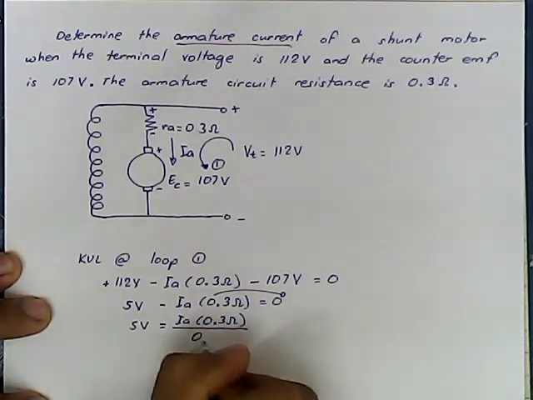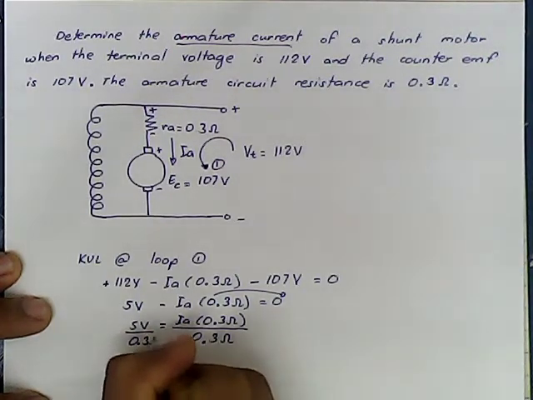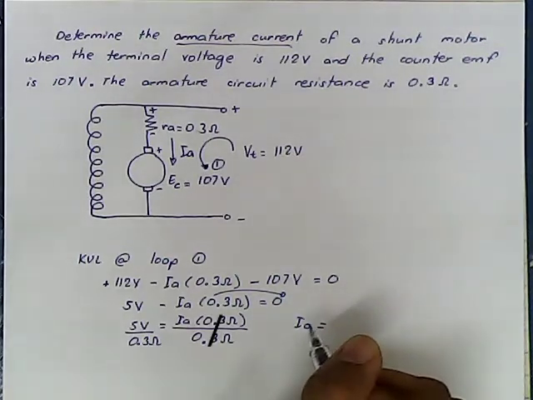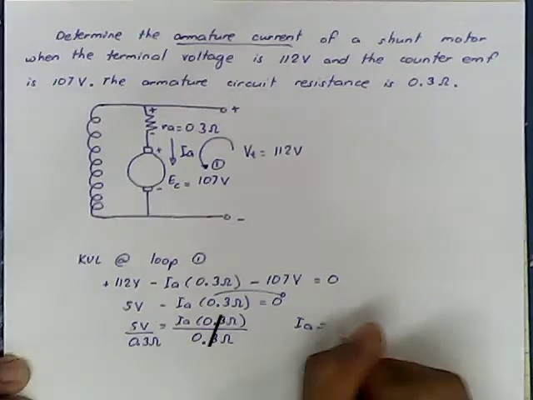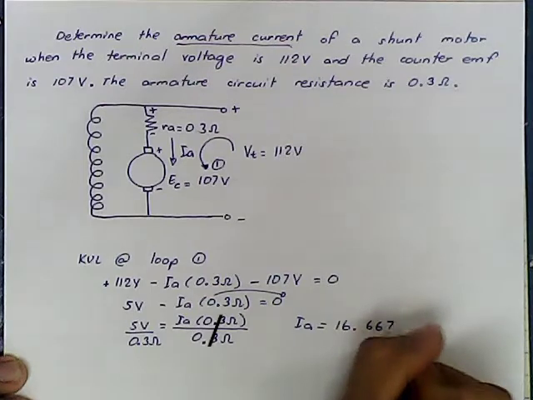Divide both sides by 0.3 ohm. Then the value for IA is 5 divided by 0.3, which will give us 16.667 amperes.